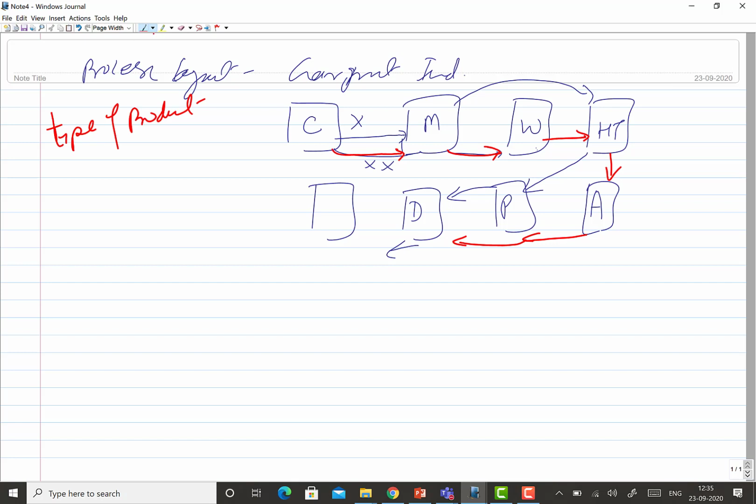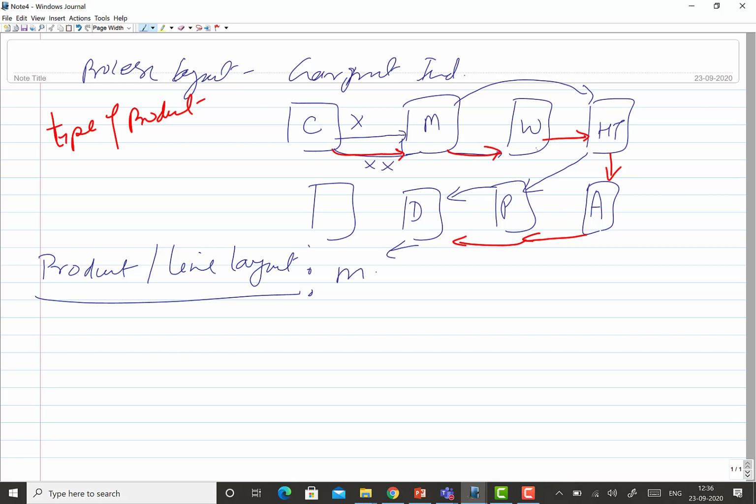Then we have the product layout. This is also called line layout.